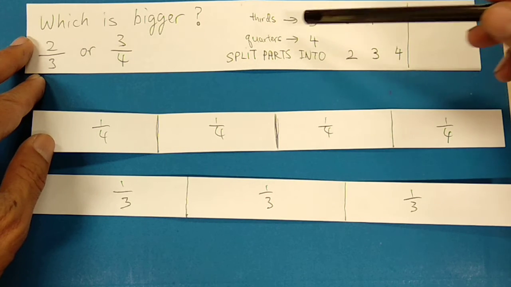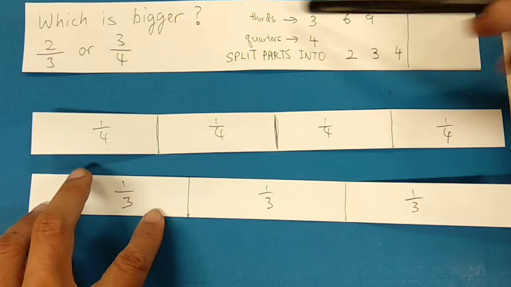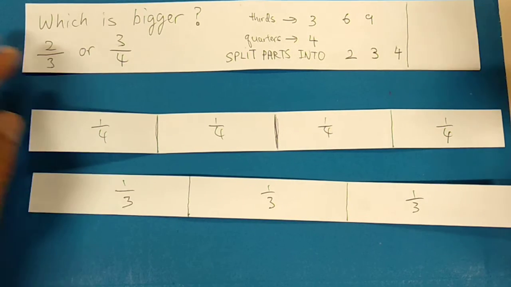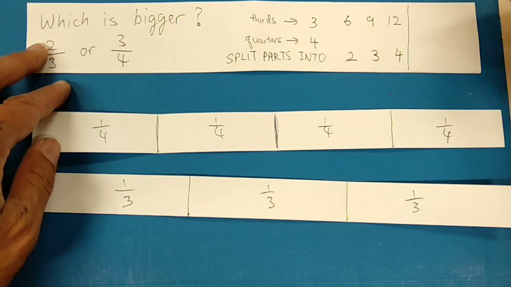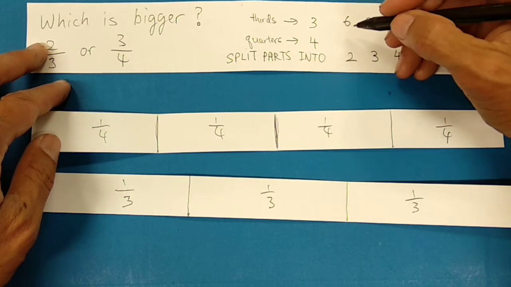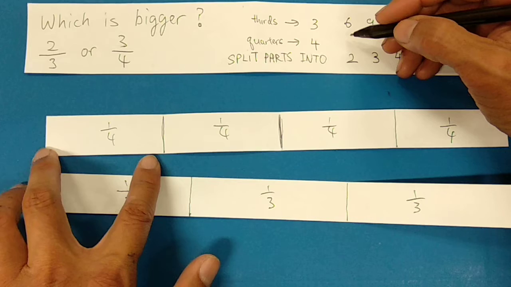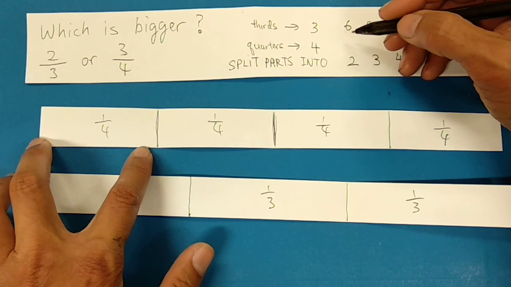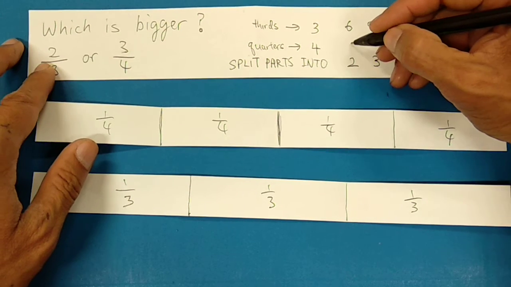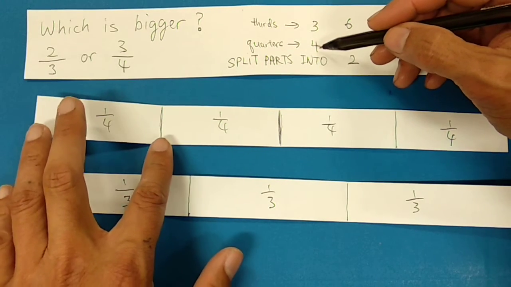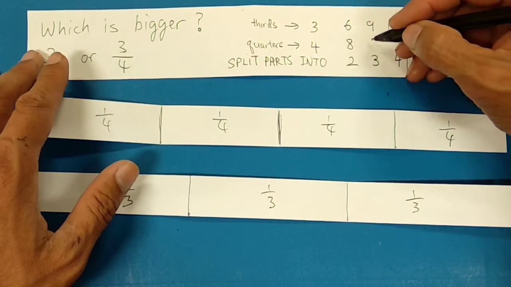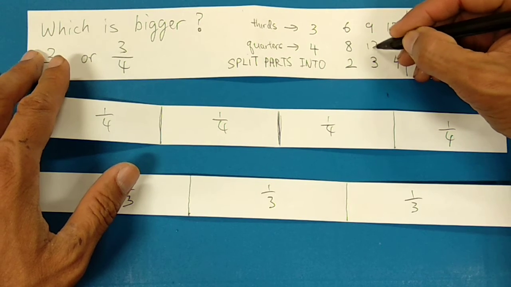If I split each of the thirds into 4 equal parts, I will end up with a total of 12 parts. Whereas for the quarters, if I split each of the parts into 2, I will end up with a total of 8 parts. If I split each of the quarters into 3s, I will end up with 12 parts.